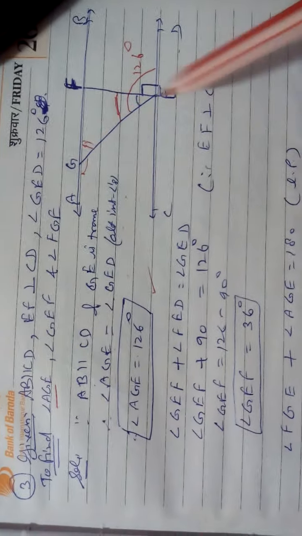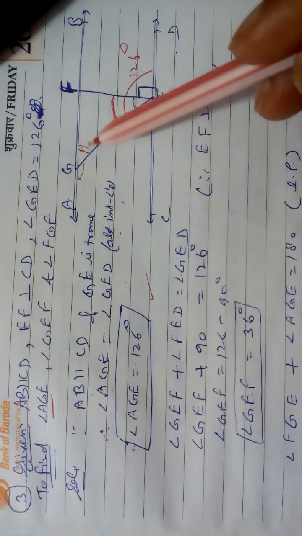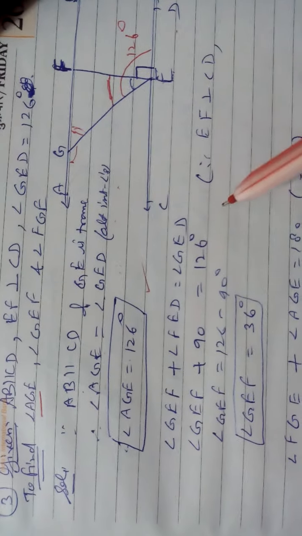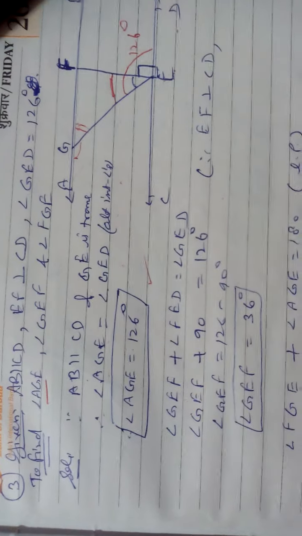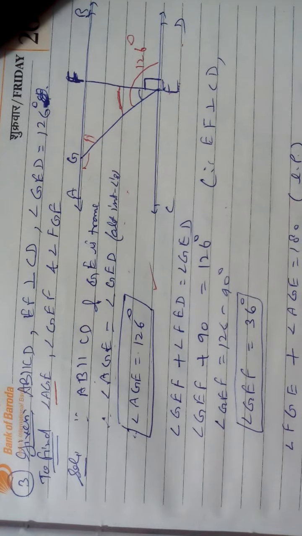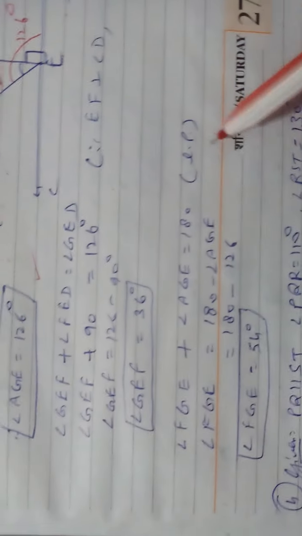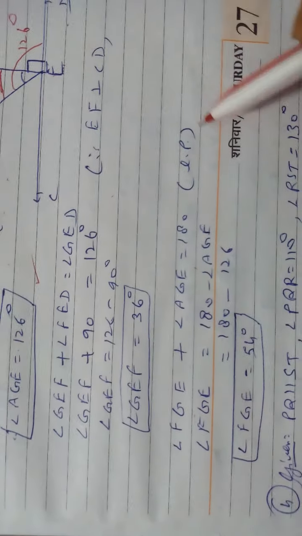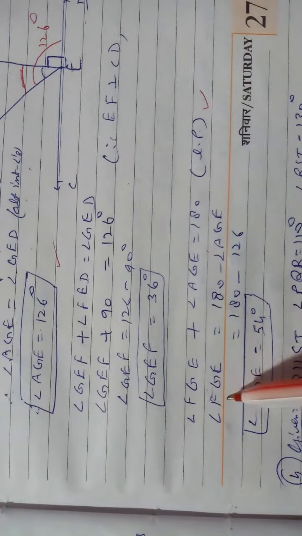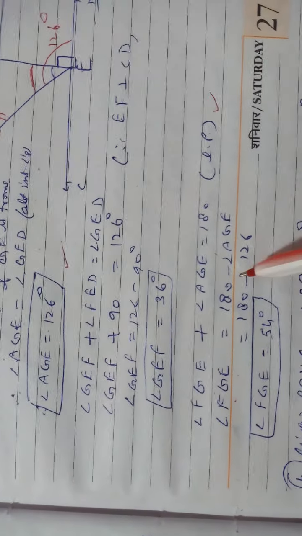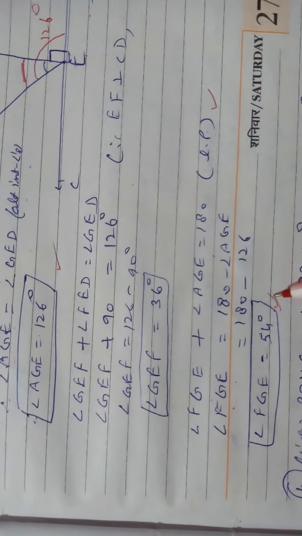Now AGE and FGE form a linear pair, so you can get FGE. FGE is equal to 54 degrees.